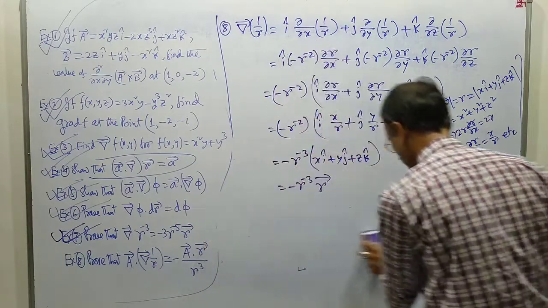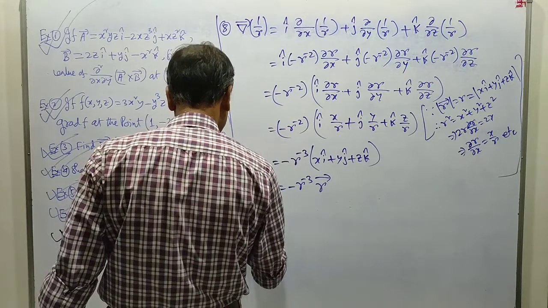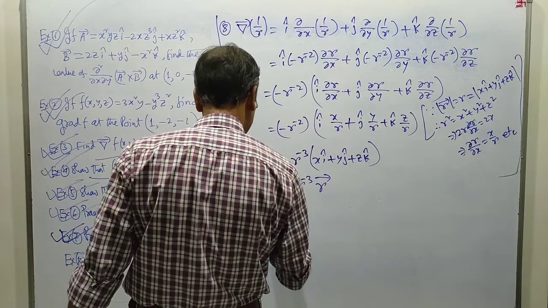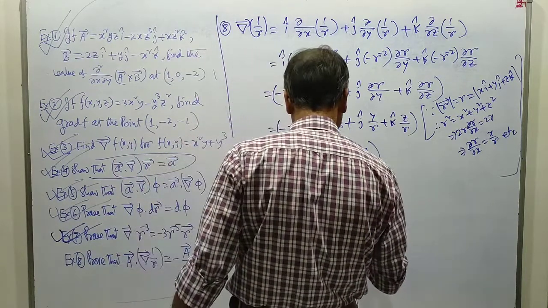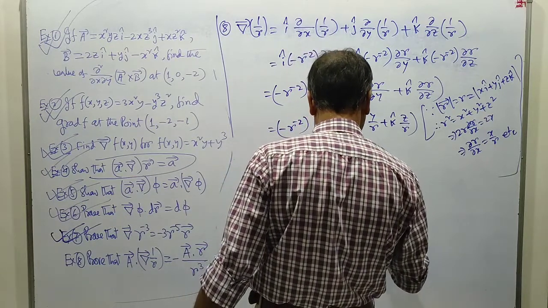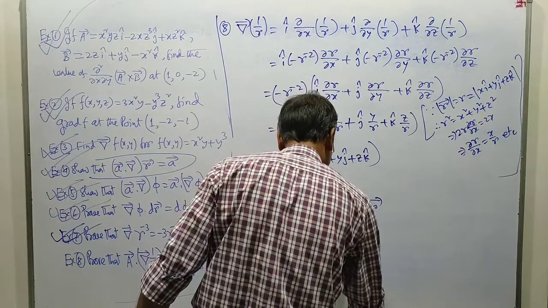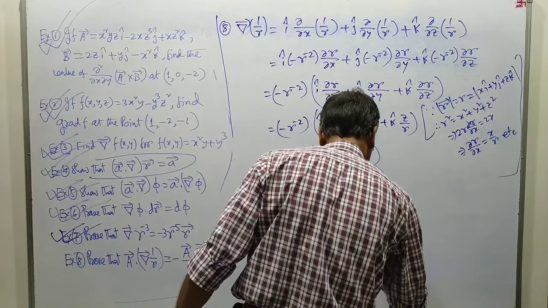Therefore, A vector dot gradient of 1 by r is equal to A vector dot minus 1 by r cube r vector. This is equal to minus 1 by r cube A vector dot r vector.